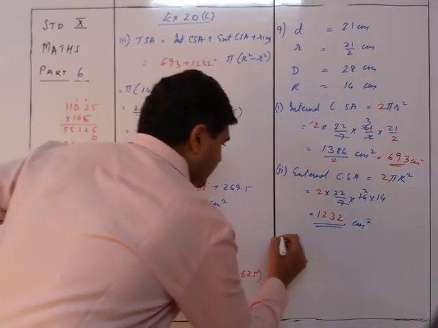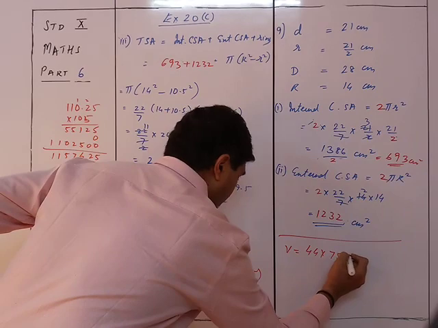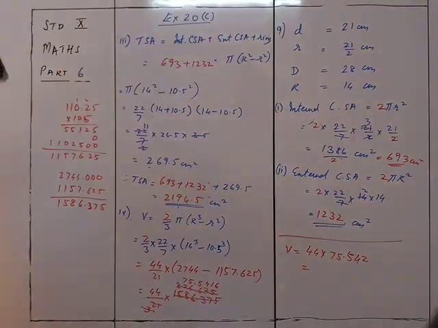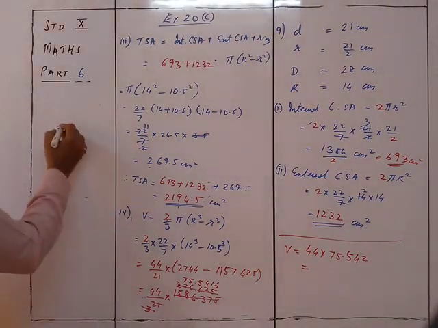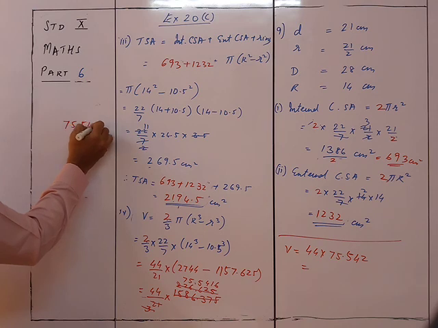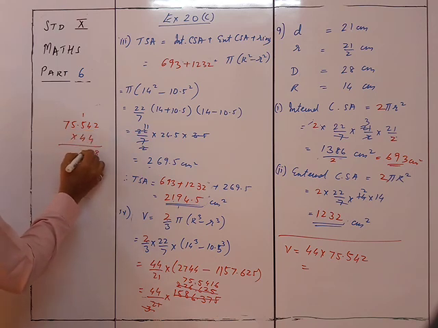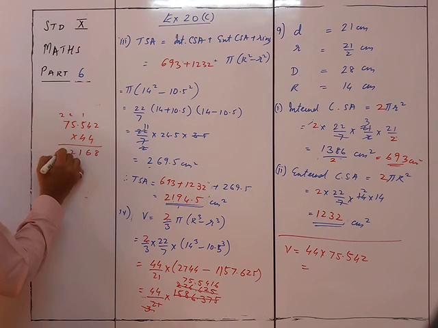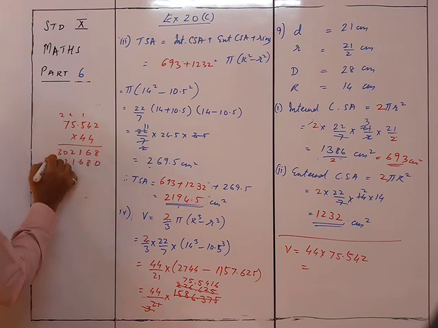So that is going to give me volume equal to 44 into 75.542. Right? So we multiply this, 75.542 into 44. 4 2s are 8, 4 4s are 16, 21, 22 and 28, 30. So this will be 0, 8, 6, 1, 2, 0, 3.